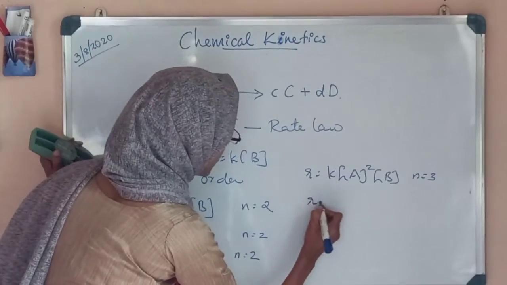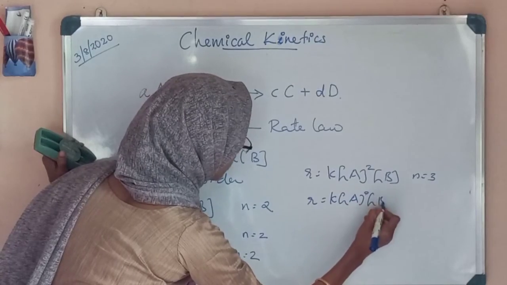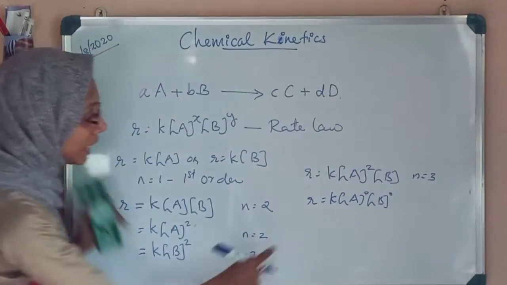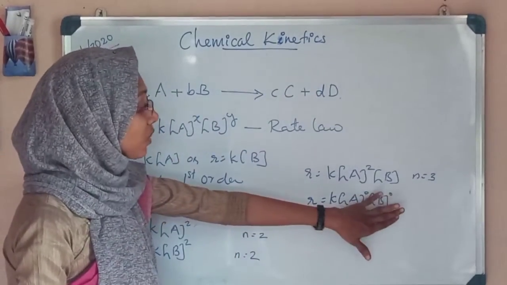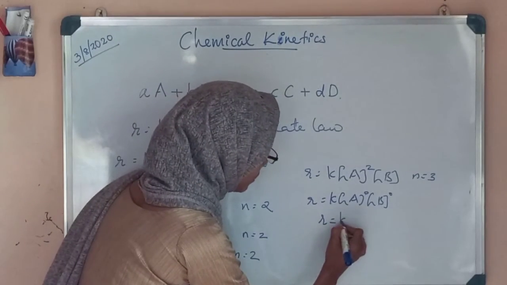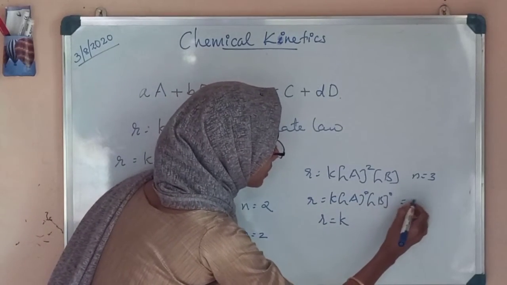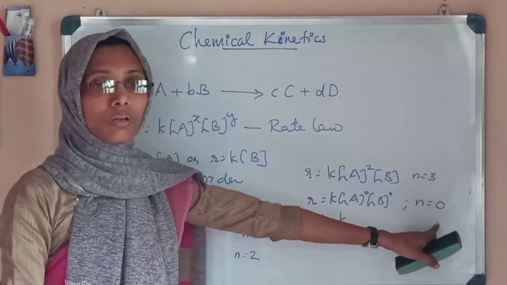Suppose for a reaction R is equal to K into concentration of A raised to 0 and concentration of B raised to 0. That means the rate of the reaction does not depend on the concentration of both the reactants. So R is equal to K. So the order of the reaction n is equal to 0. So it is known as the zero order reaction.